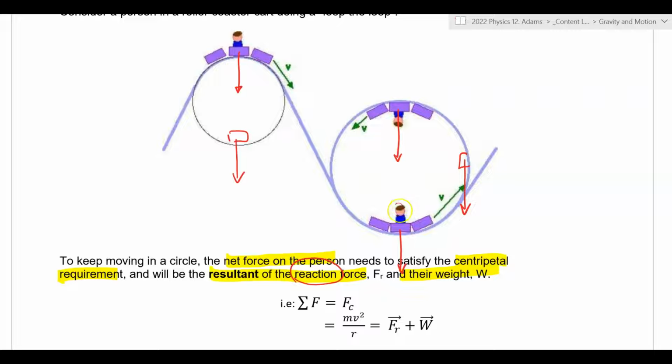Similarly, down the bottom, it's the reaction force of their seat on them. If you think about the roller coaster itself, it's the reaction force of the track on the carts. So it does depend upon which part of the system you're thinking about.